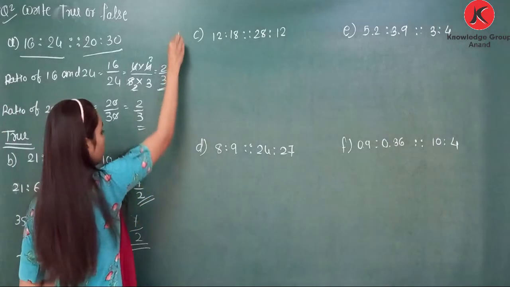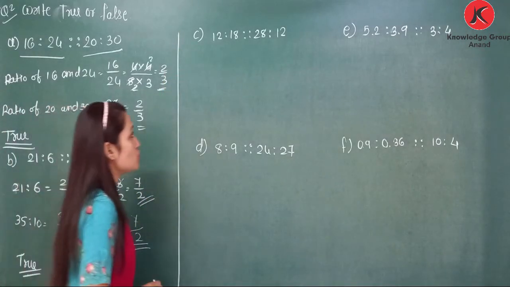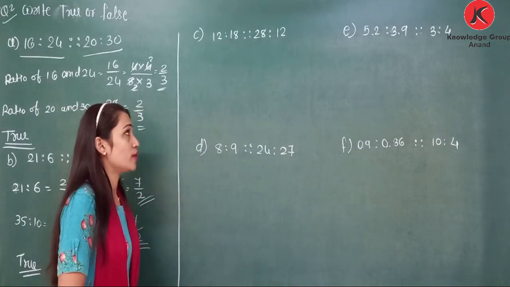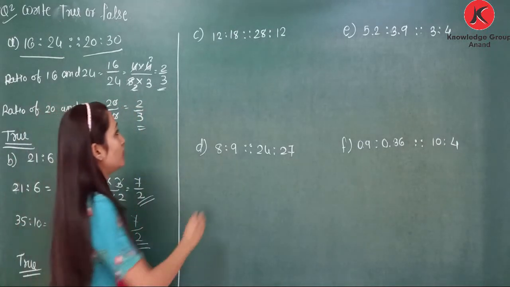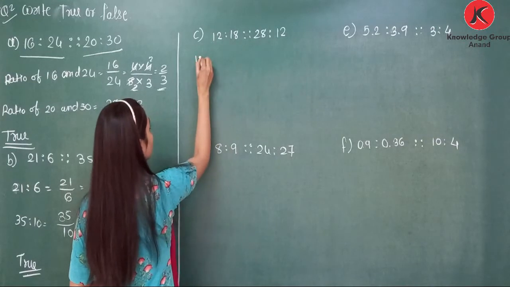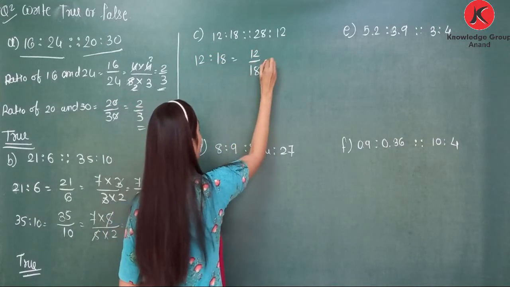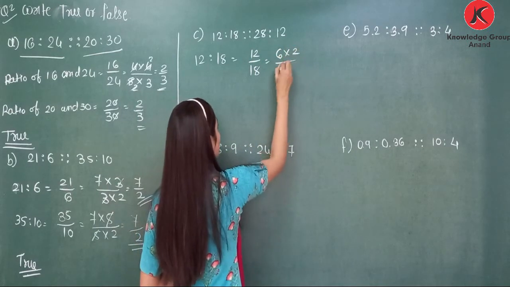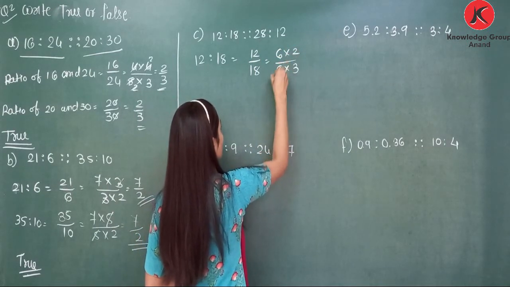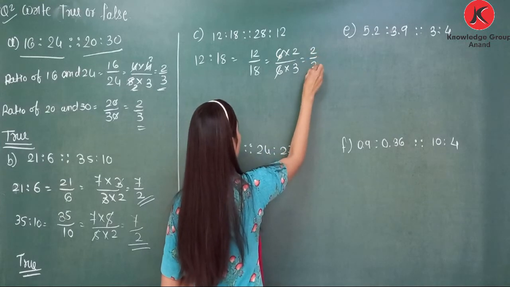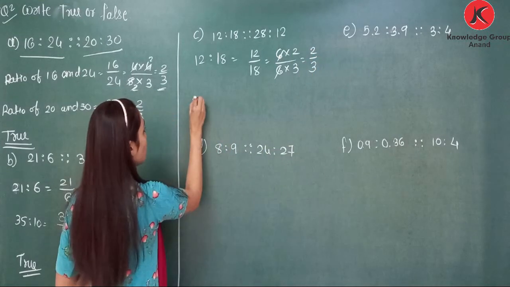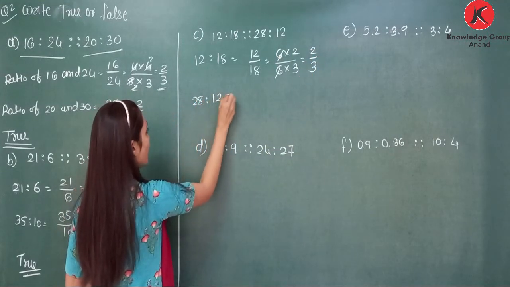Next one, 12 is to 18 is in proportion to 28 is to 12. So let's find first, 12 is to 18, it means 12 by 18. 6 2s are 12, 6 3s are 18. So 6 is common, so it is 2 by 3. Now 28 is to 12.